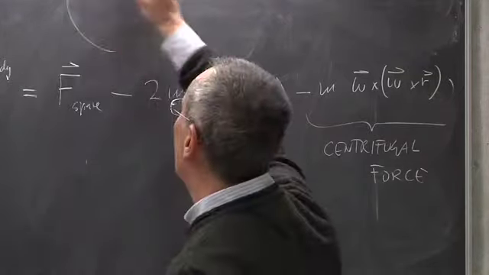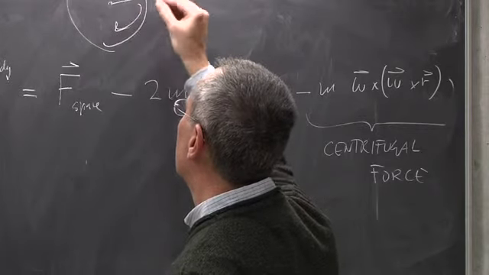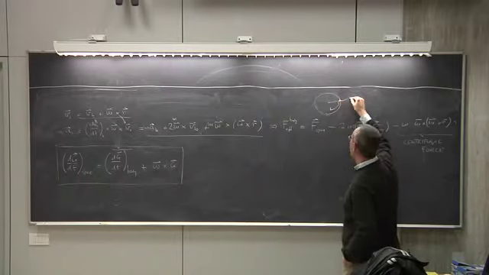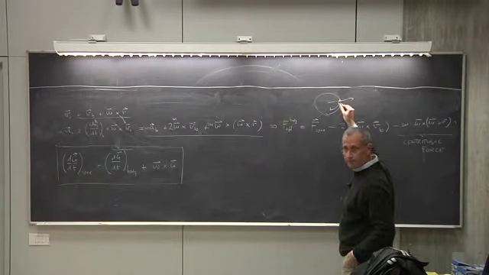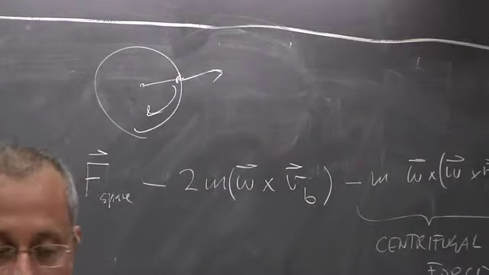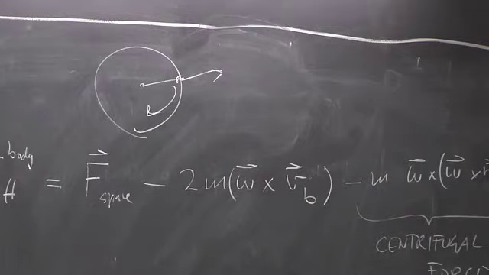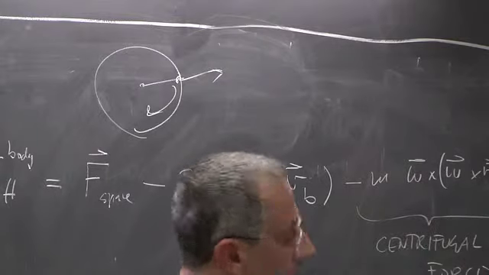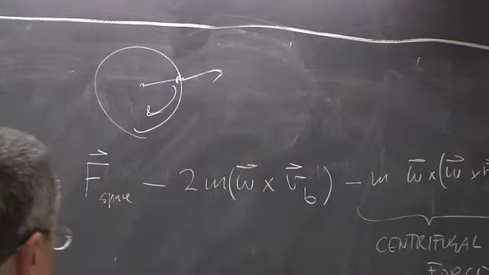So if you are on a disk that is rotating and you are here, there is a substantial force that is throwing you away, right? And you can think of that as the same if you rotate a ball attached to a line like this, right? It rotates. And the line connecting the ball is each time acting and compensating this centrifugal force, right? That would tend to toss the ball away. Okay, so this is a familiar term. You already knew about that.